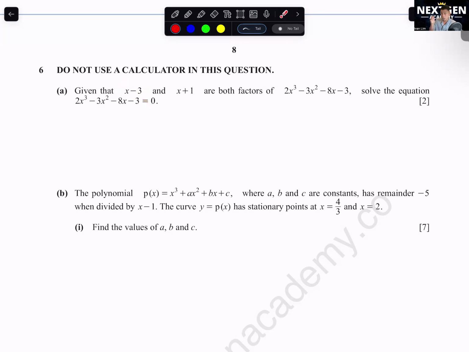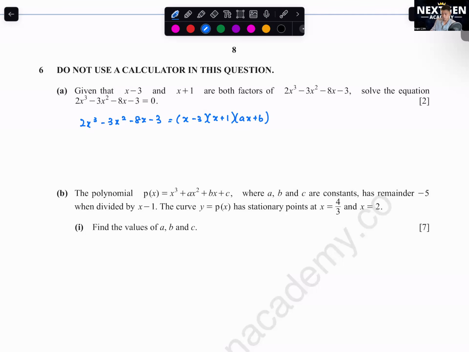Another way that teachers teach you is to write it down like this. They say that x minus 3 and x plus 1 are both factors. So we know that you can write this equation as x minus 3, x plus 1, and one more factor, which we can write as ax plus b first.